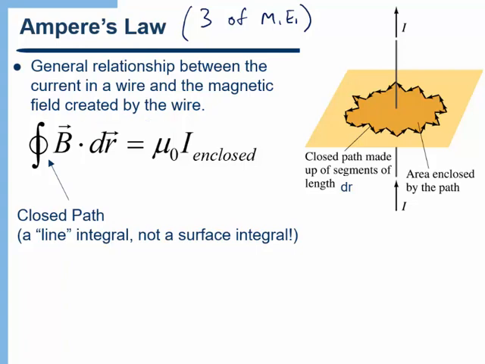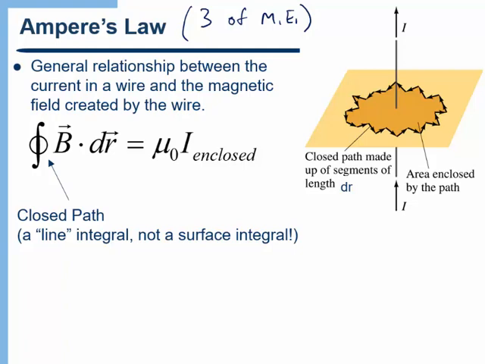Here's what it's trying to get at. Basically, this is saying that if you integrate the magnetic field over some path, and there is a current passing through that path, then the integral of B dot dr is equal to mu naught times the current enclosed in the path. And probably the easiest way to make this make any sense to you is I'm going to show you an example where we use it.